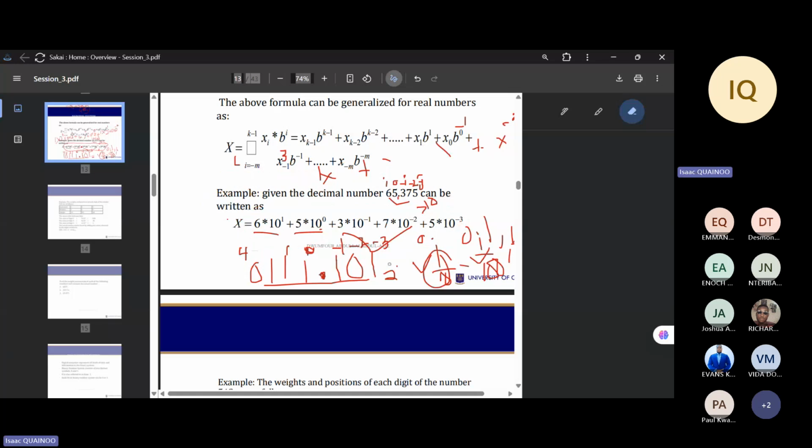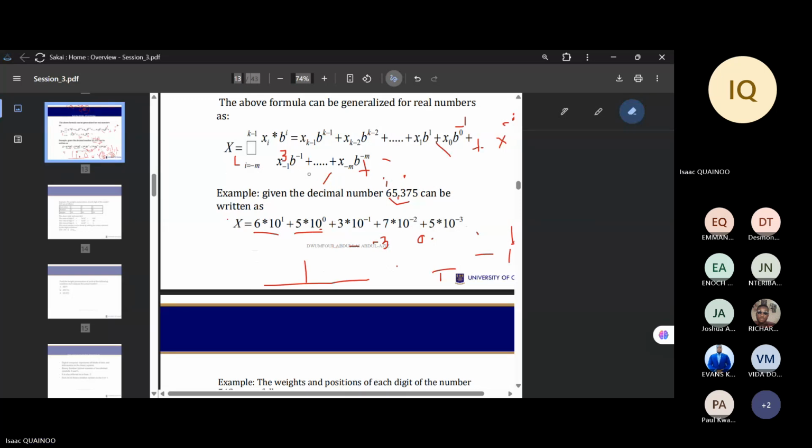So let us move forward with this. Let's take a random example and use that example to settle this particular scenario.